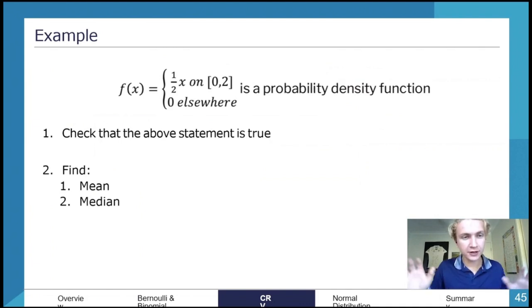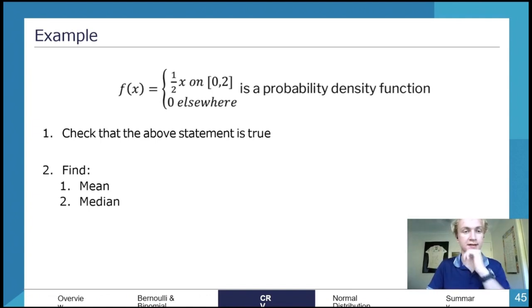Okay, so we're now going to go over another example. We've got a probability density function. This probability density function follows the rule half x between 0 and 2, and we're trying to show that this is a probability density function in question 1, and then it's 0 elsewhere. So, firstly, find the mean.